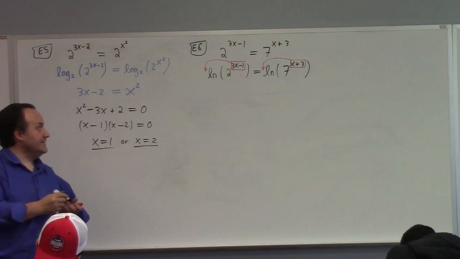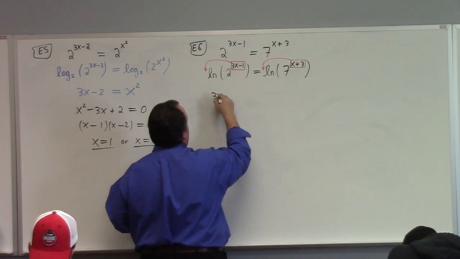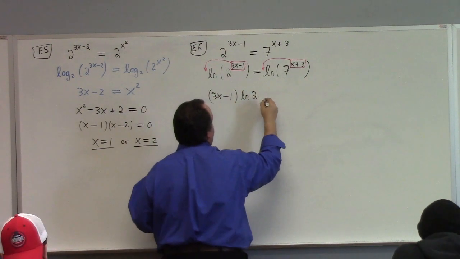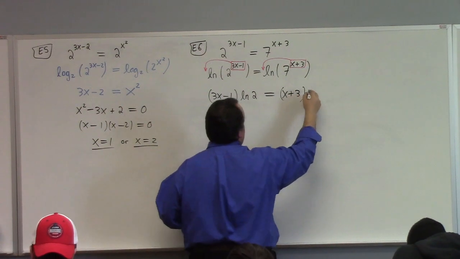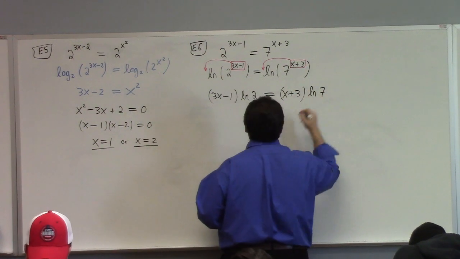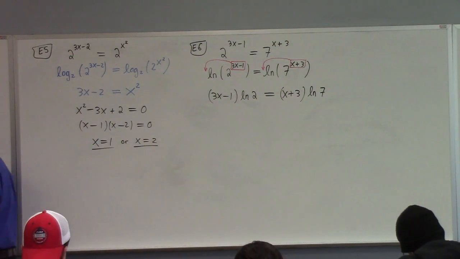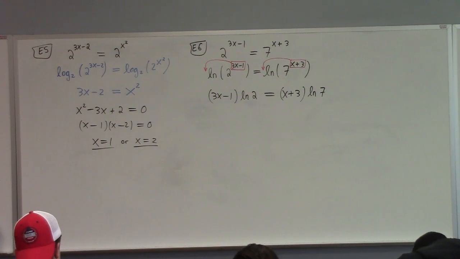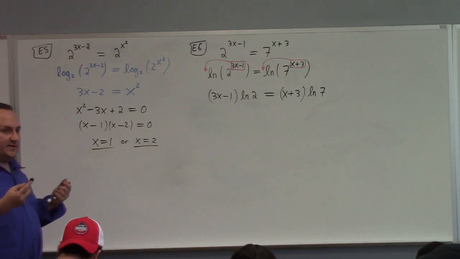And when I do that, 3x minus 1 times the natural log of 2 equals x plus 3, parentheses are your friends, natural log of 7. Now natural log of 2 and natural log of 7, those are numbers. Your calculator can tell you approximately what they're equal to. There it is. How do you solve for x?